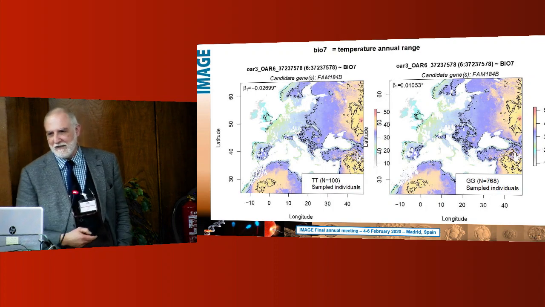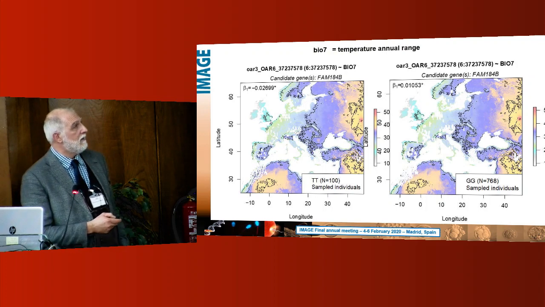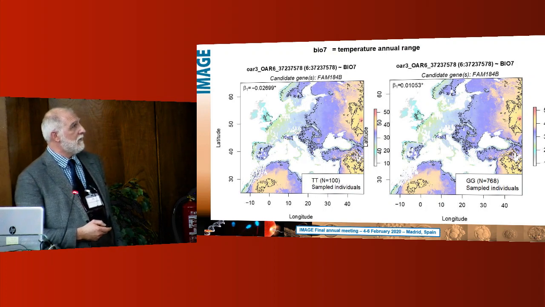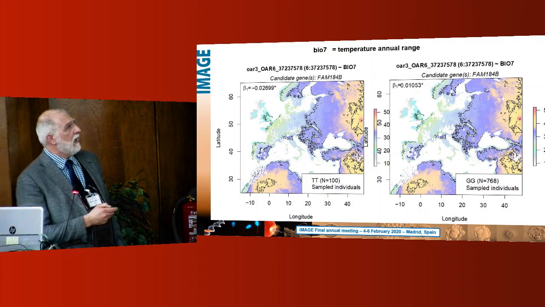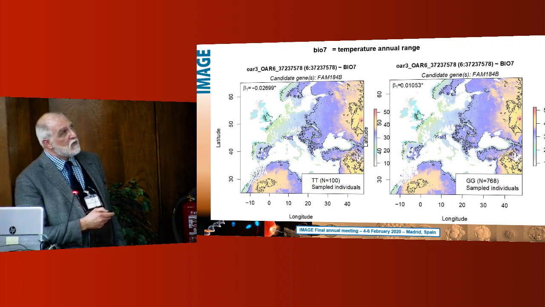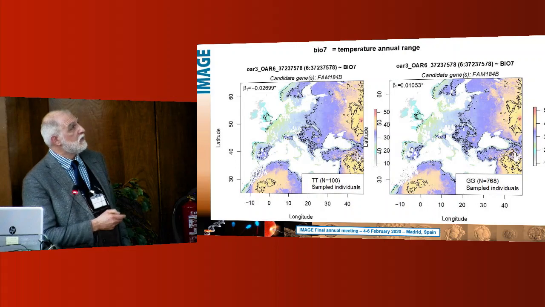Anyway, in this case, for instance, this is FAM184B, that is one of those genes that have a clear classification in terms of tissue expression, because it is mainly expressed in muscle, and is associated to temperature annual range. And there is a clear association between the two different genotypes.